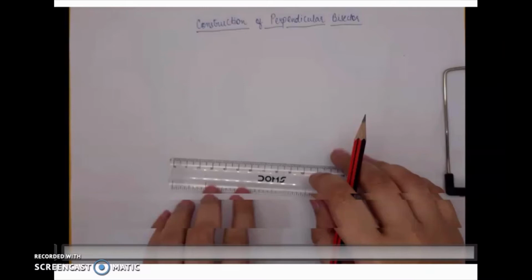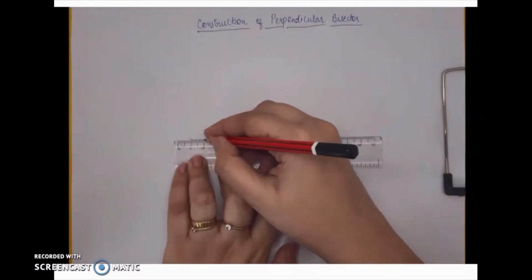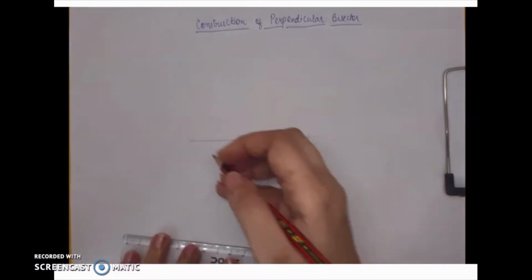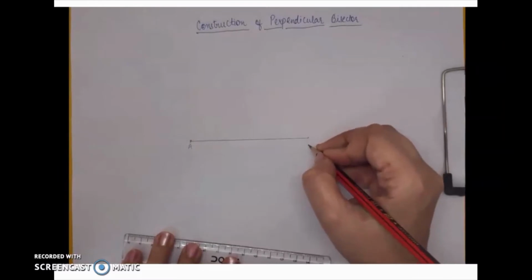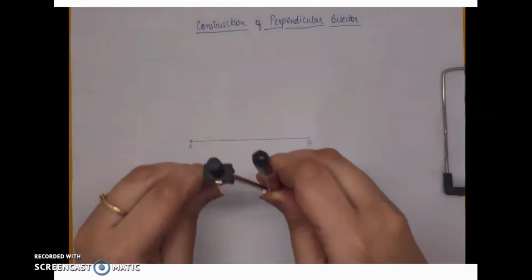So next we are going to see the construction of a perpendicular bisector. So for constructing the perpendicular bisector of any line segment, first I am drawing a line segment of any length. So AB is the line segment which we will be now bisecting. We need to construct a perpendicular bisector of AB.